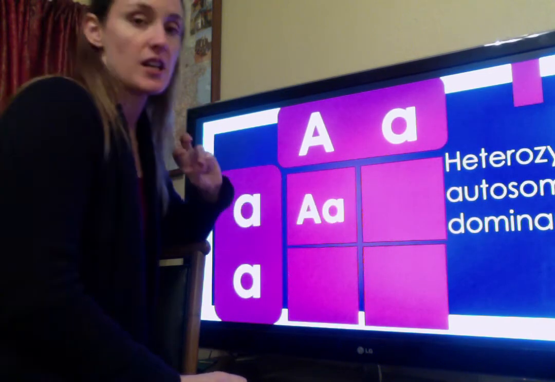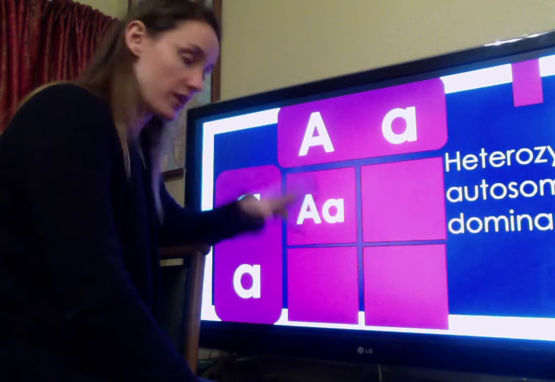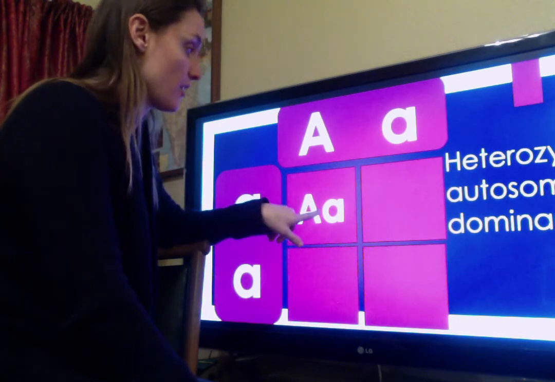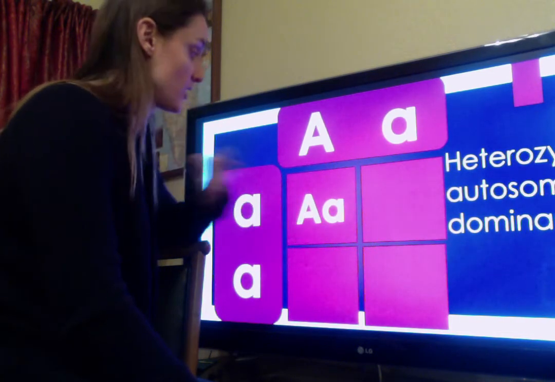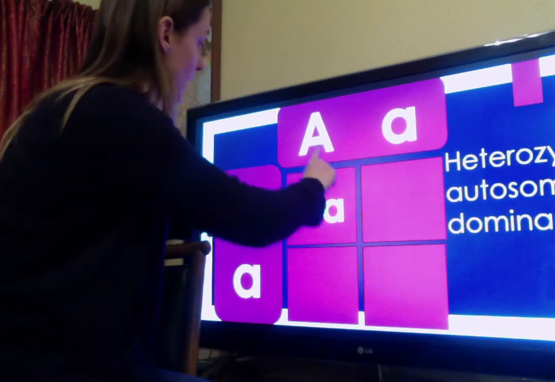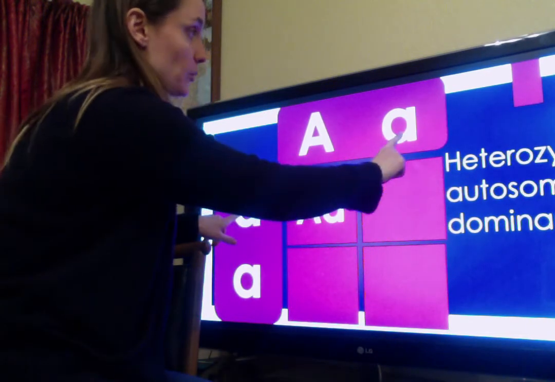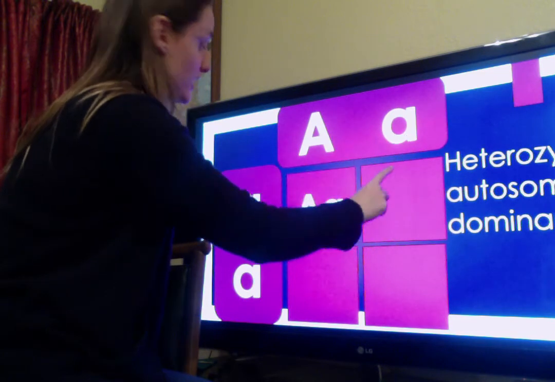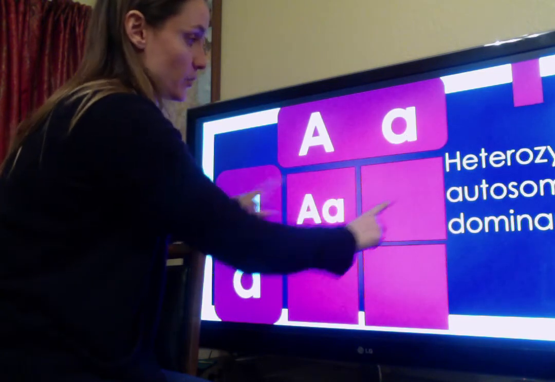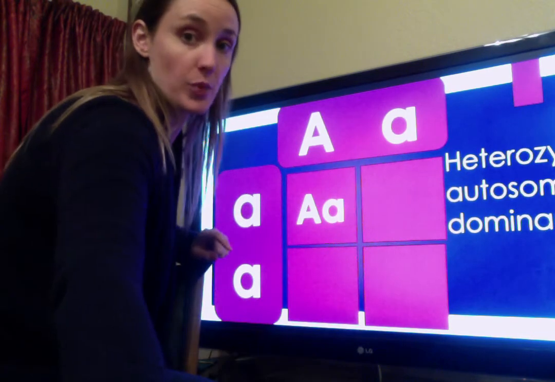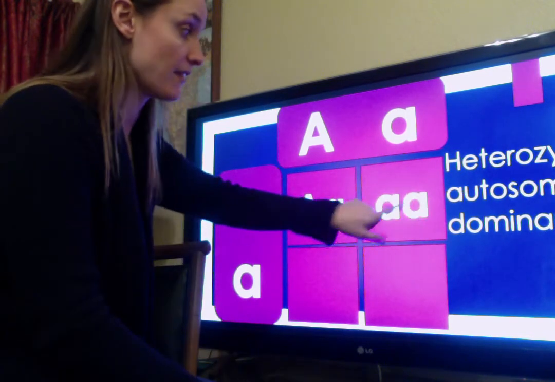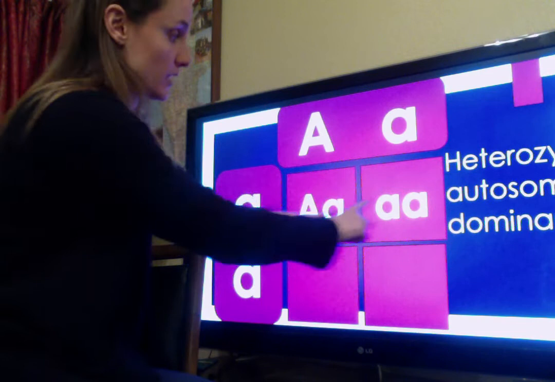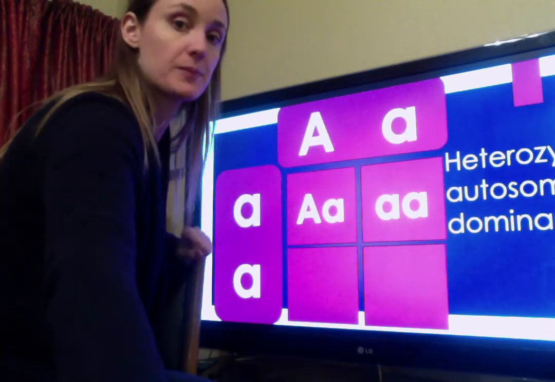And because this trait or disease or whatever it is is dominant, this child will express the disease. And so, once again, if they gave this chromosome, since they're heterozygous, and this parent is still giving this one, we are not going to express the trait. We're not going to have it because they only got the regular chromosomes.